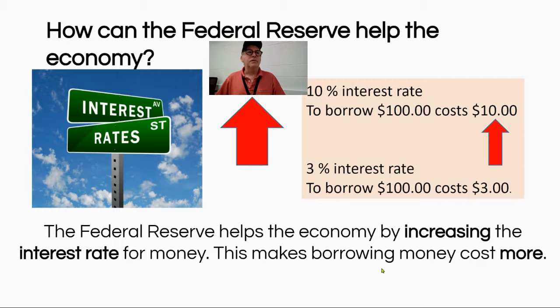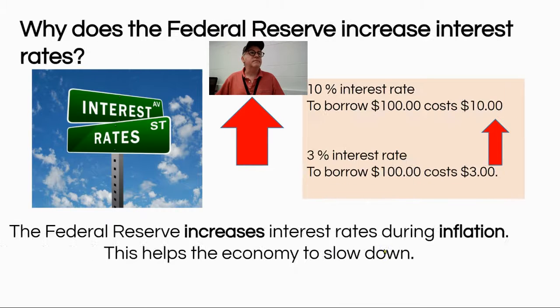That would be during a period of inflation. Here we go. Why does the Federal Reserve increase interest rates? The Federal Reserve increases interest rates during inflation. This helps the economy to slow down.